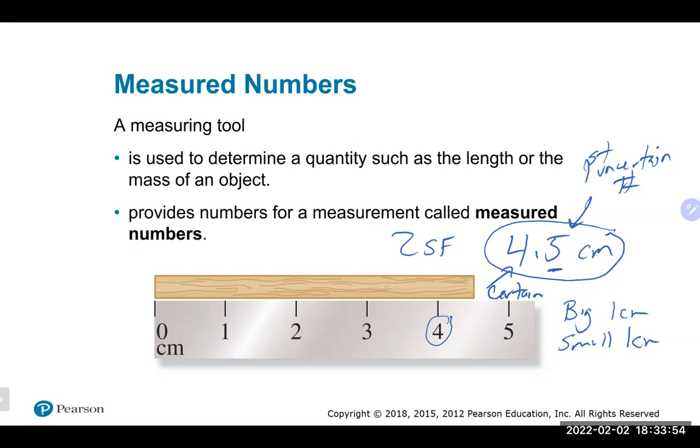But when you're asked to figure out the estimated digit or first uncertain digit, what you want to figure out is how many significant figures there are in that number, and it should be the last significant figure. Nine times out of 10, it is the last number written, but it is not always the last number written. So it is really the last significant figure versus just the last number that you actually see written.